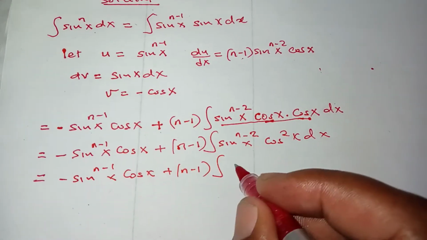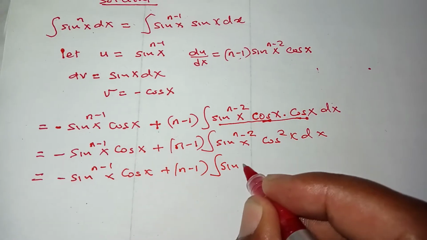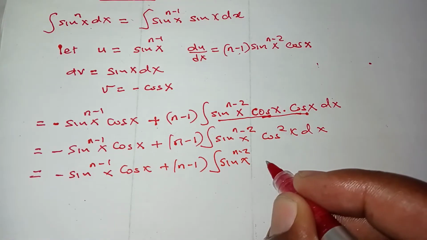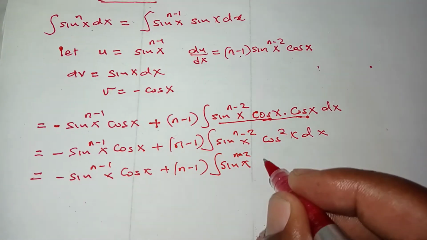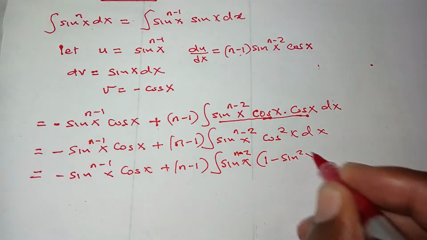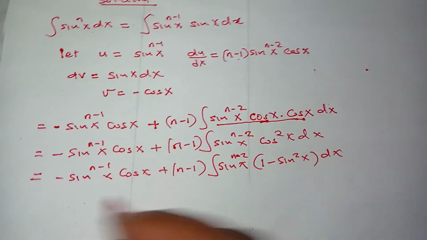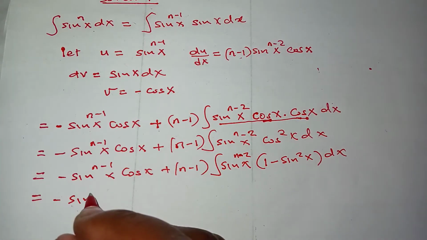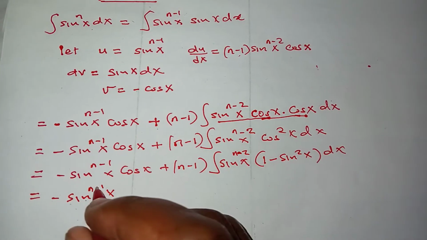Integral, here we have sine of x to the power of n minus 2, then instead of writing cosine squared, we write 1 minus sine squared of x, then dx, and we simplify.